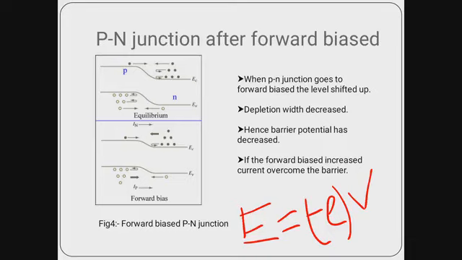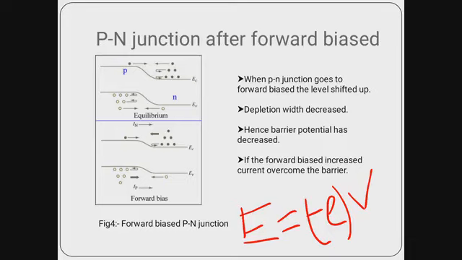and holes migrate from P to N side. This basically happens due to the attraction of opposite charged particles, because the P side is connected to the positive polarity of the battery and the N terminal is connected to the negative polarity of the battery.